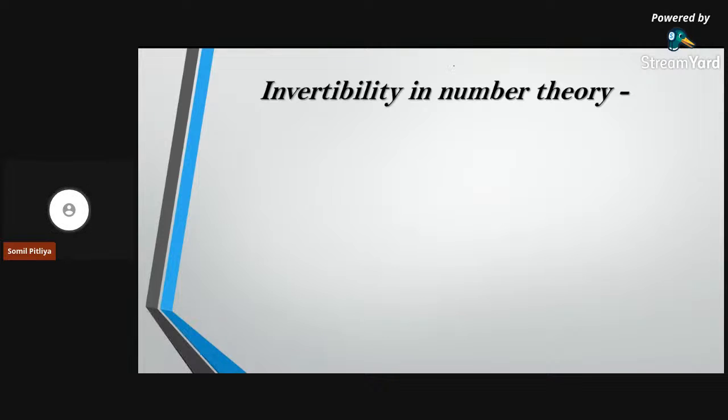Suppose we have a number a, and when you multiply this number a by another number b, and we take this modulo p, that is, when we take the remainder when this is divided by p, it comes out to be 1. That is, ab is congruent to 1 modulo p.